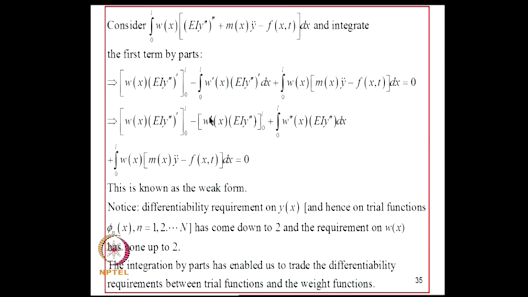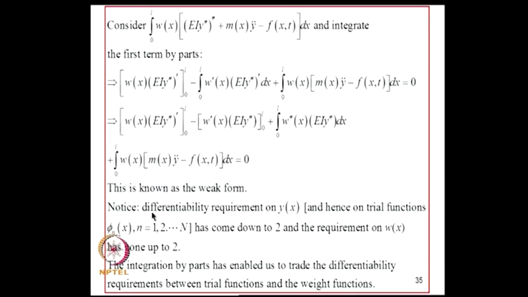We integrate once again, then this term follows from this, and from this term I get w prime of x EI y double prime. So the derivative on this has now vanished, and in the integrand I now get w double prime of x and y double prime of x dx plus this term as it is. Now, this statement is known as a weak form.